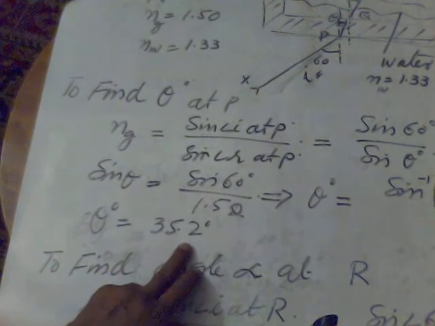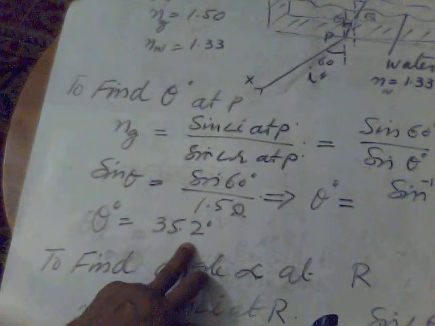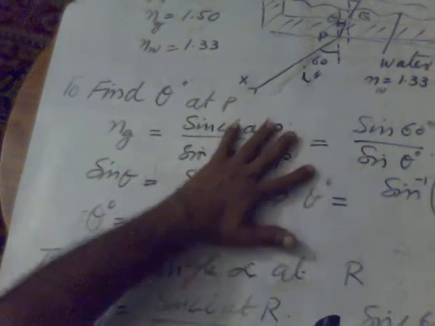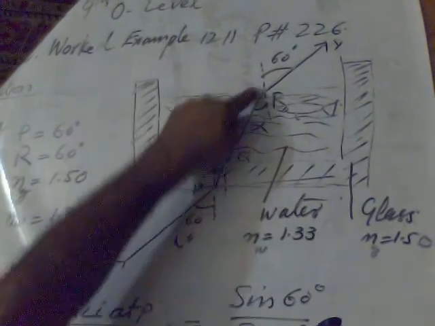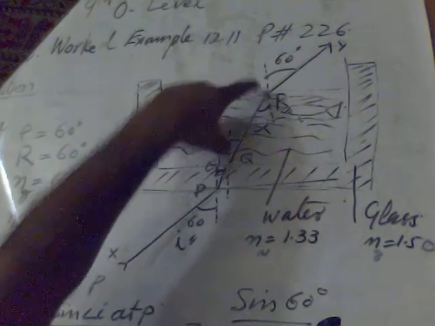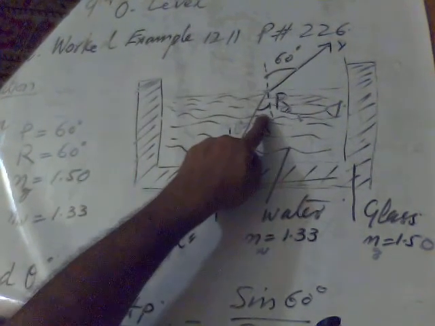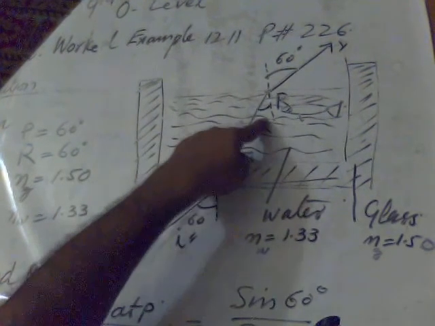Now the second thing we have to find is the angle of incidence on the surface of the water. At this point, the water surface, this ray represents the incident ray and this angle represents alpha, the angle of incidence.